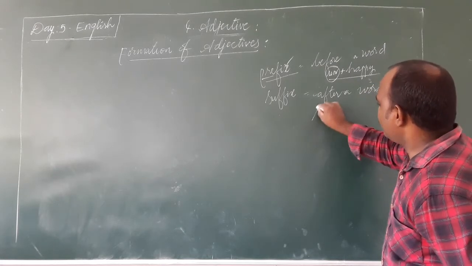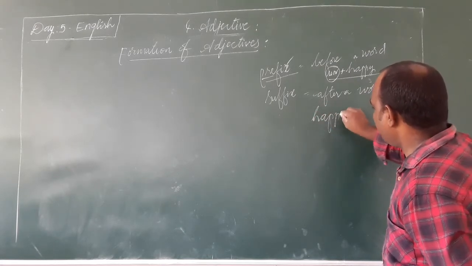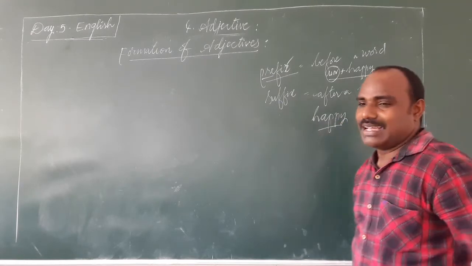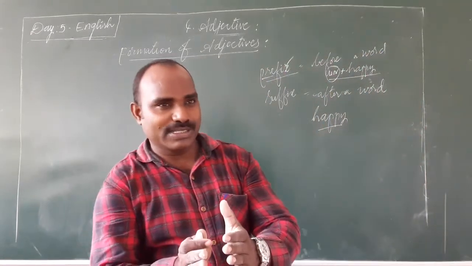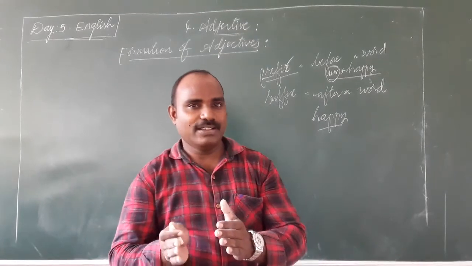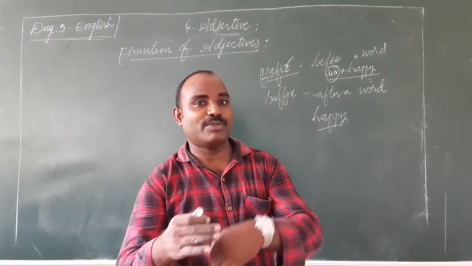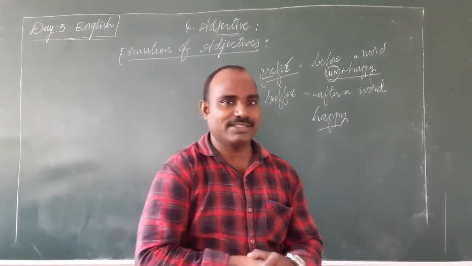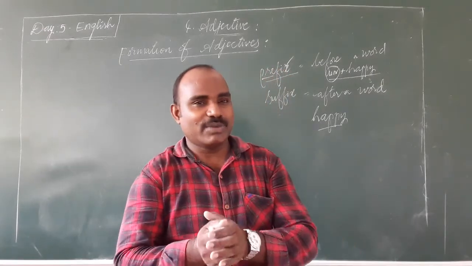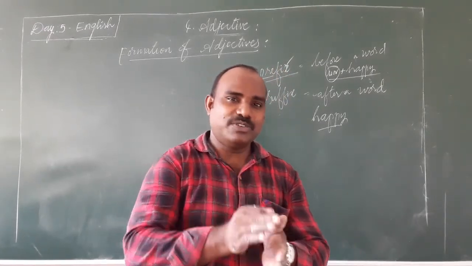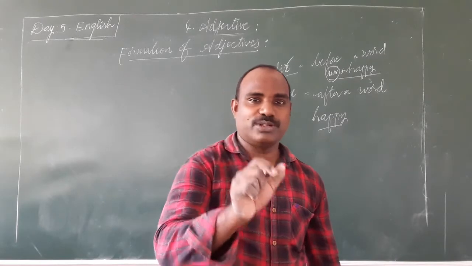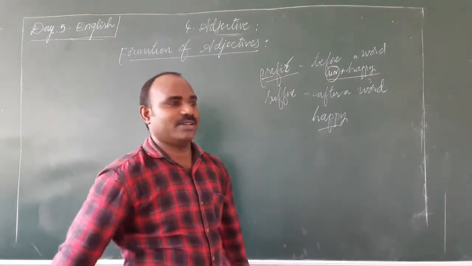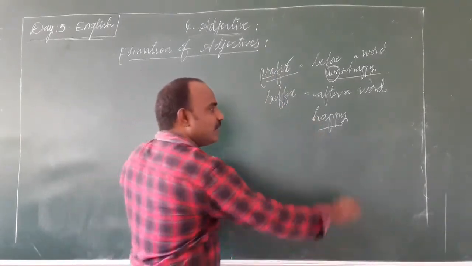For example, happy is a root word. So root words can have either prefixes or suffixes to form a new word. Do you understand? We can form new words by adding either a prefix or suffix to a root word. Root word means the main source word.